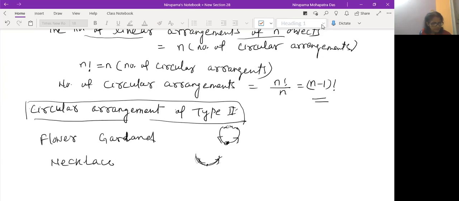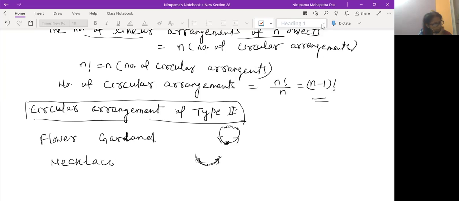So the direction we look at is different, but whether anti-clockwise or clockwise, both arrangements are the same.